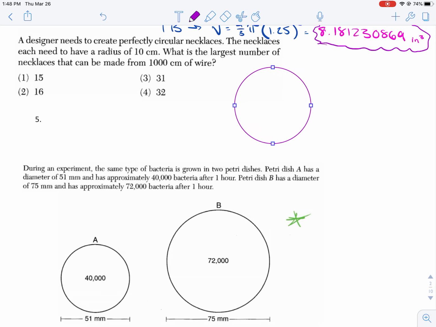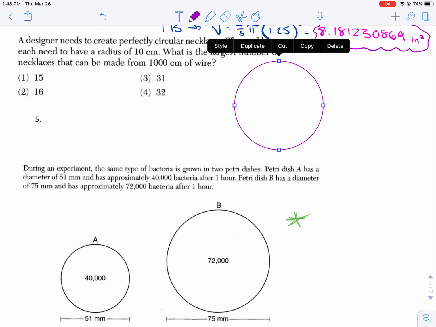Look at that. Perfectly circular. Not so bad, if I do say so myself. We need each of these to have a radius, so I'm going to try to put that as center as I can, of 10 centimeters.